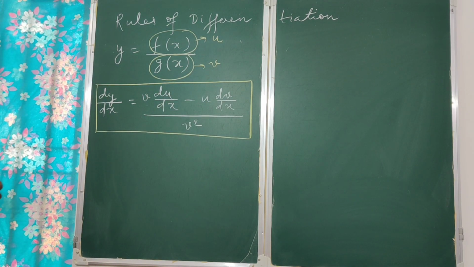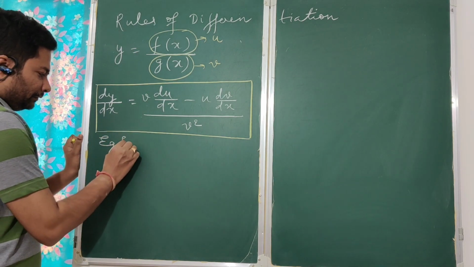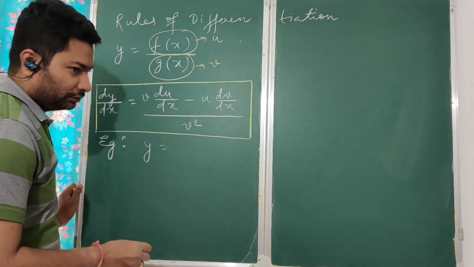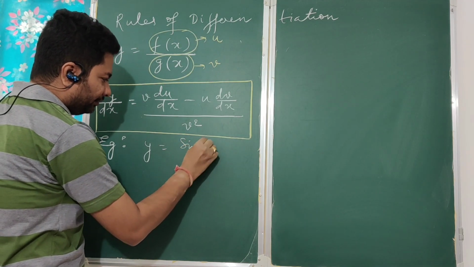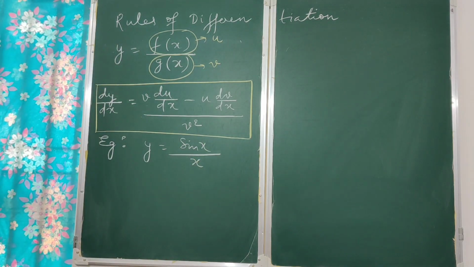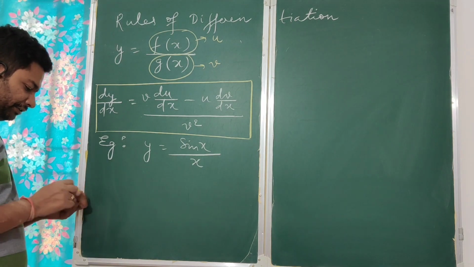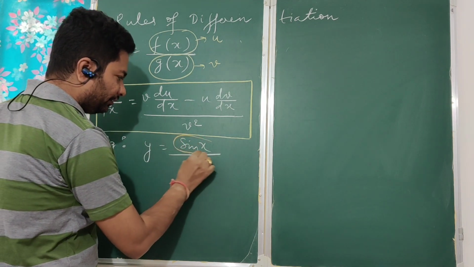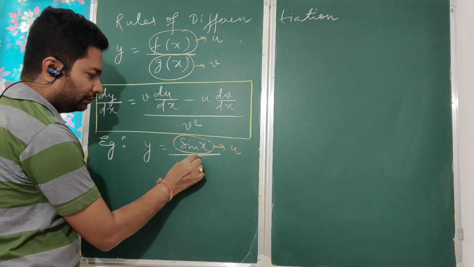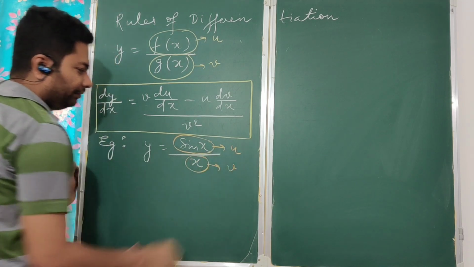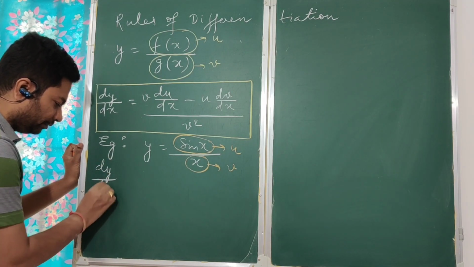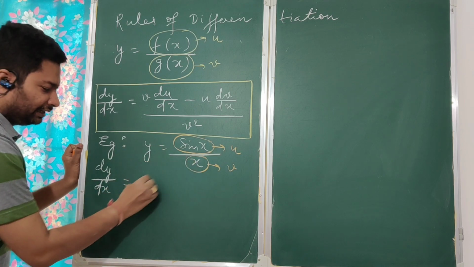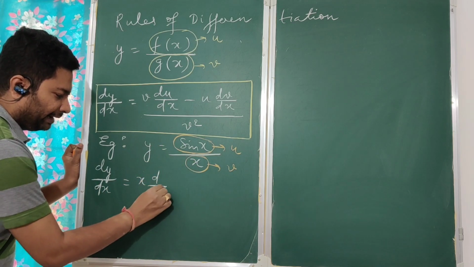So let us say example, we are having y is equal to something like sin x by x, and we have been asked to differentiate it. How will we differentiate? So in that case, this numerator take it as u, the denominator take it as v. So now you can write dy by dx as equal to v. What is v here? x. du by dx.